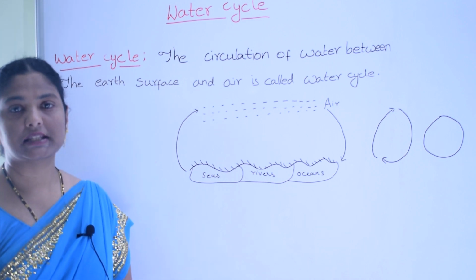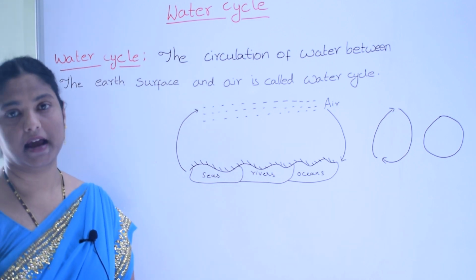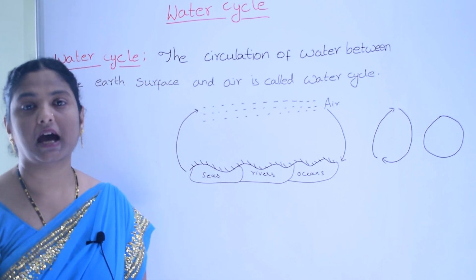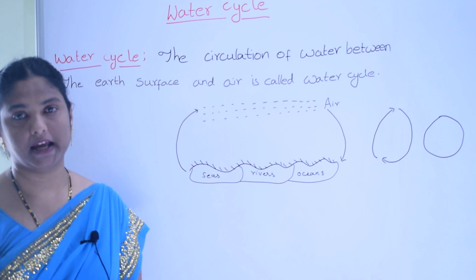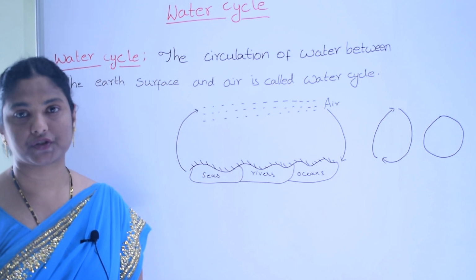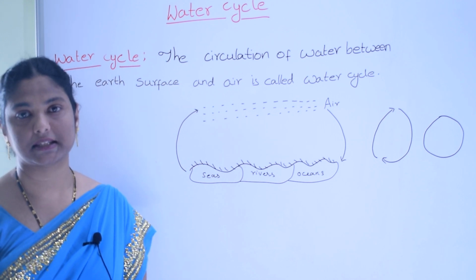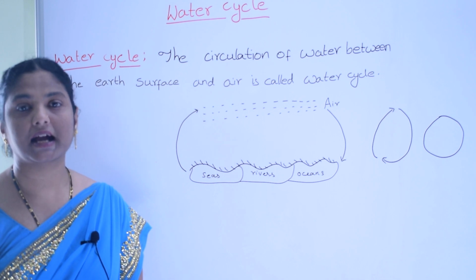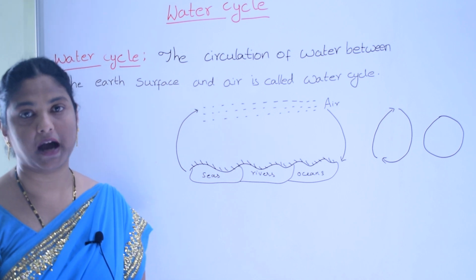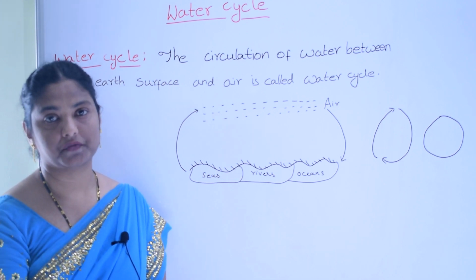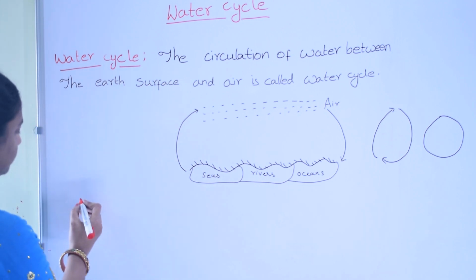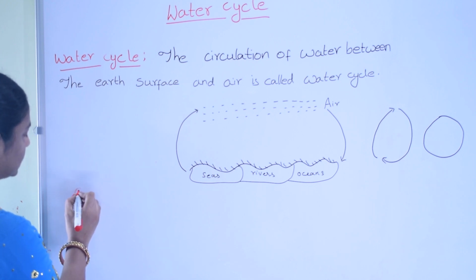Now the question was how this form occurs and which type of processes occurs in this water cycle. There are 4 processes takes place to form this water cycle. Those are evaporation process, condensation process, precipitation process and collection of water on ground. I am explaining to each and every part. Please listen very carefully. Evaporation process.